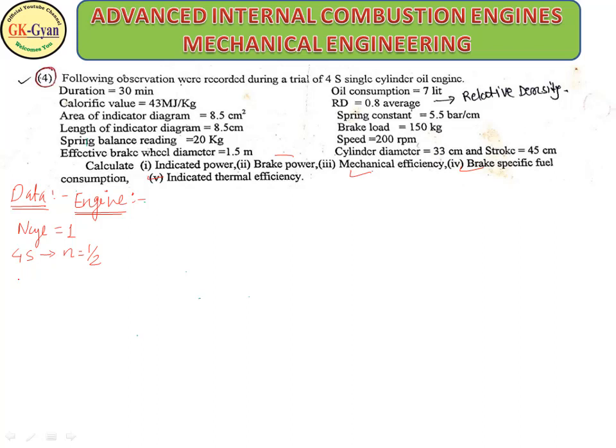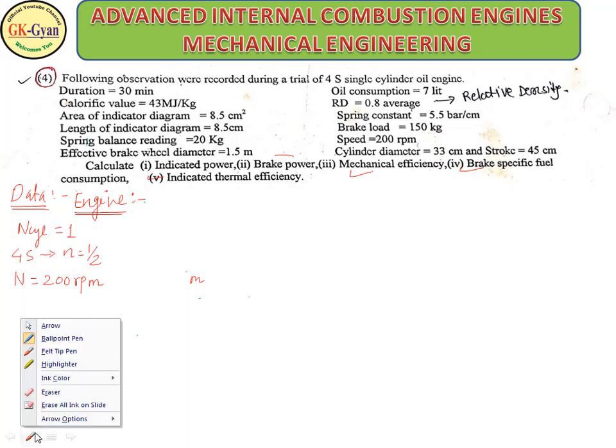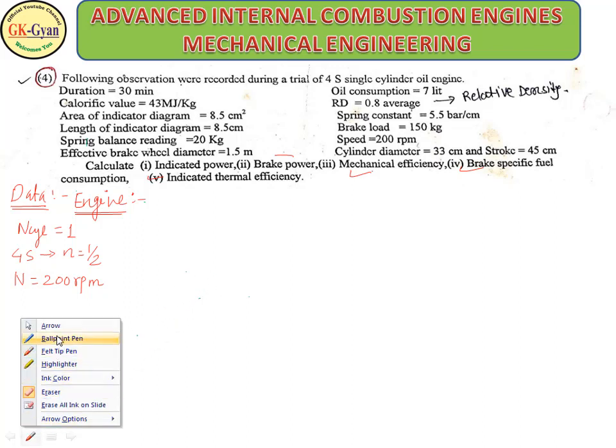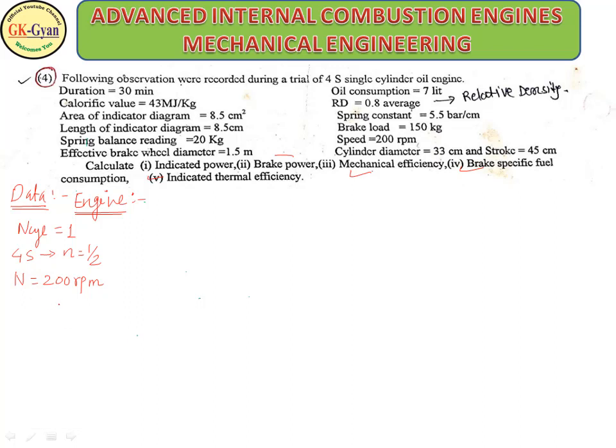The speed of engine, capital N, is given as 200 rpm. Then cylinder diameter, that is bore diameter, capital D, is 33 centimeter, that is equal to 0.33 meter, and length of stroke is 45 centimeter, so 0.45 meter.